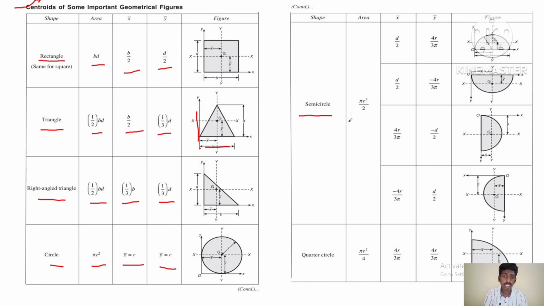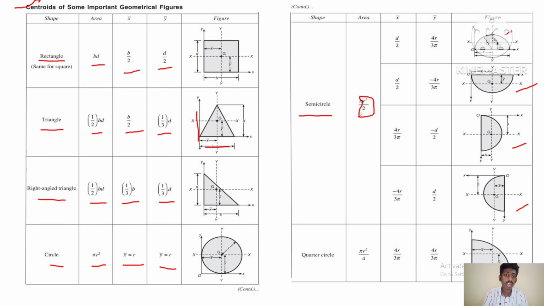And for a semicircle, there are 4 different cases. One is above the x-axis and one is below the x-axis. One is towards the right side of the y-axis, and one is towards the left side of the y-axis. So the area is similar in all the cases of semicircle.